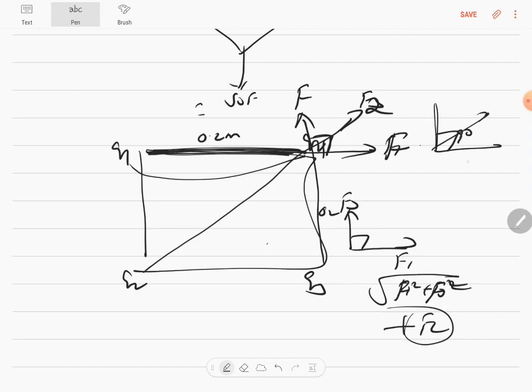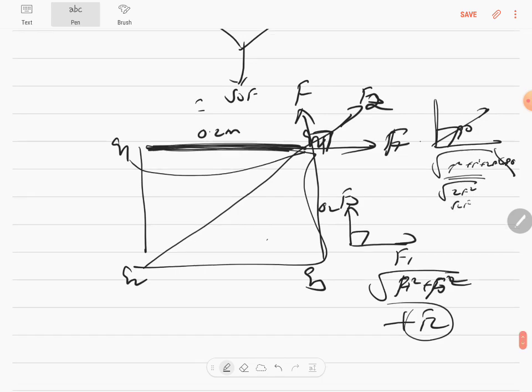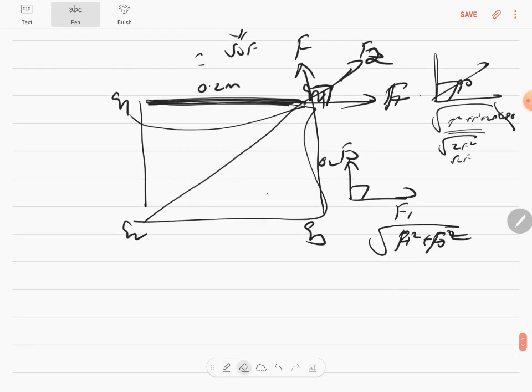If you do the parallelogram law, it is root of F square plus F square plus 2F square cos 90. Cos 90 is 0. So F square plus F square is root of 2F square, which is root 2F. So when it's 90 degrees, you get root 2F, the moral of the story.